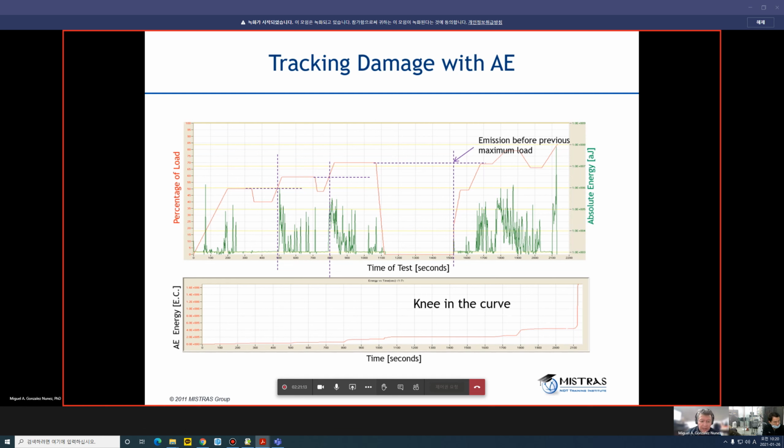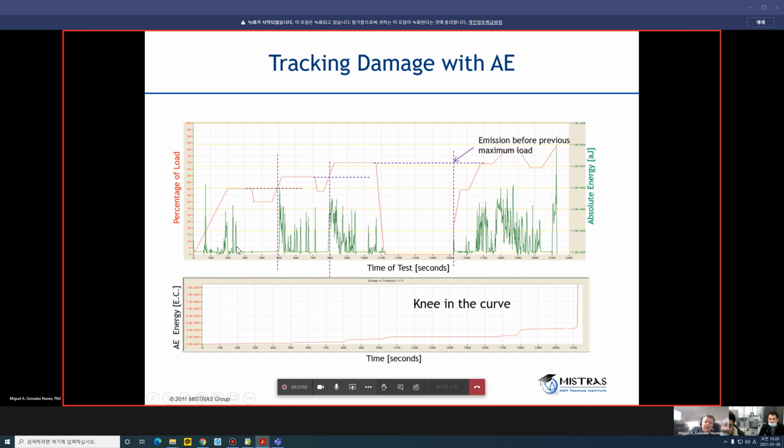What we are plotting here, you see the red line is the percentage of load applied, and the green line is the absolute energy released by the acoustic emission signals detected during the load schedule. So let's start here at the beginning. The first load increase, you see there is a corresponding release of energy from the signals detected.